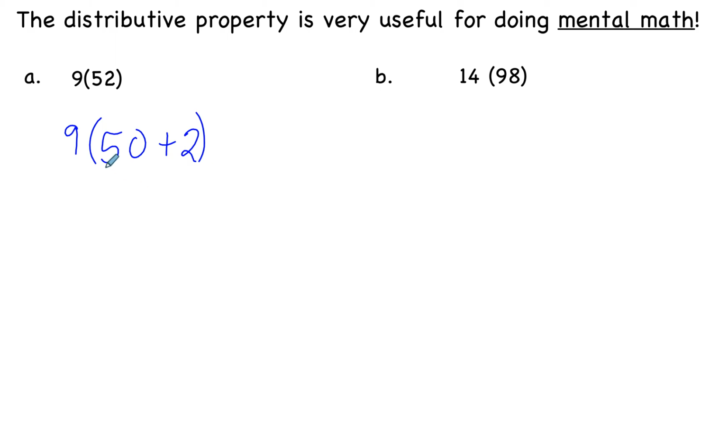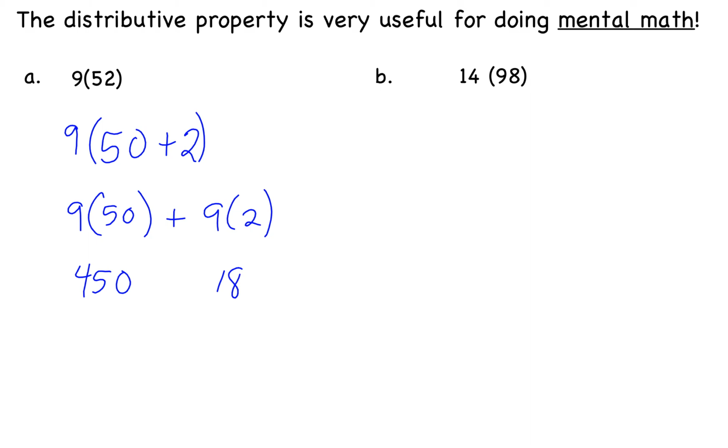And we have a 9 on the outside. Well, the distributive property says we take 9 times the first one and then add 9 times the second one, right? Well, 9 times 50, 9 times 5 is 45, add a 0. 9 times 2 is 18, add those together, and that gives us 468.